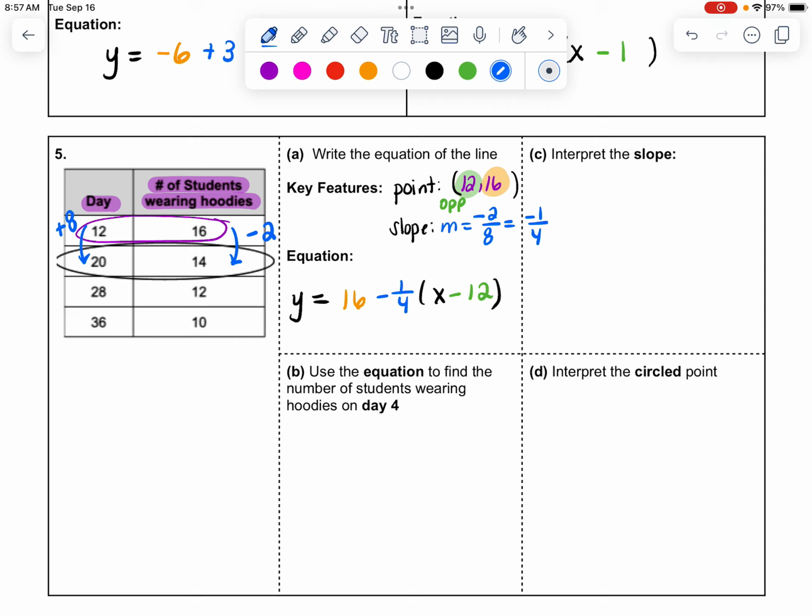So the Y pattern is talking about the number of students, and the X pattern is talking about the days. To interpret the slope, I would say 1 less student every 4 days.